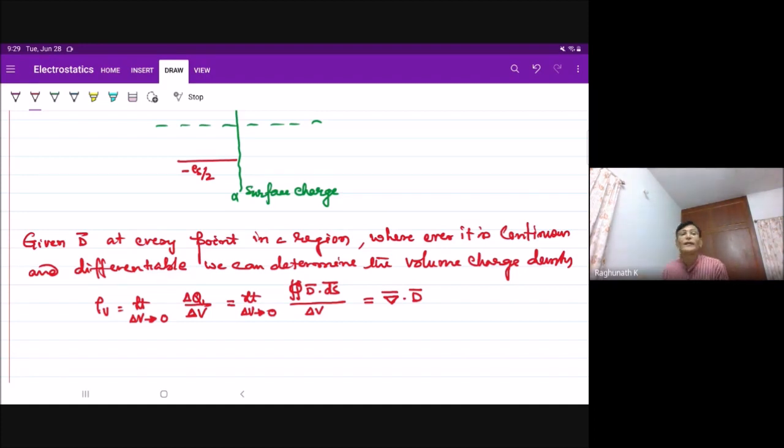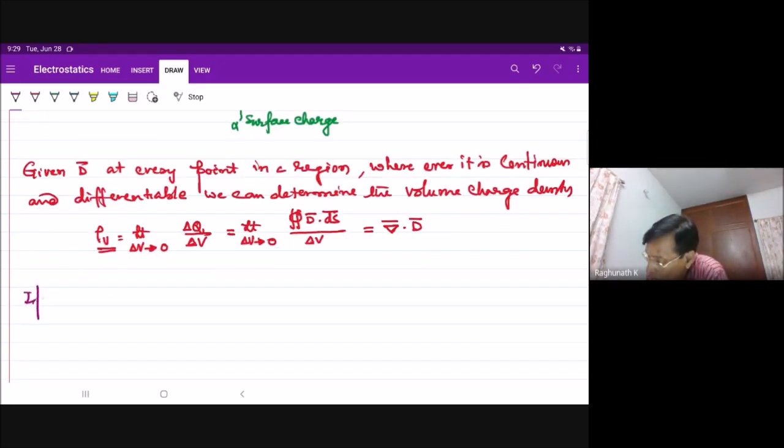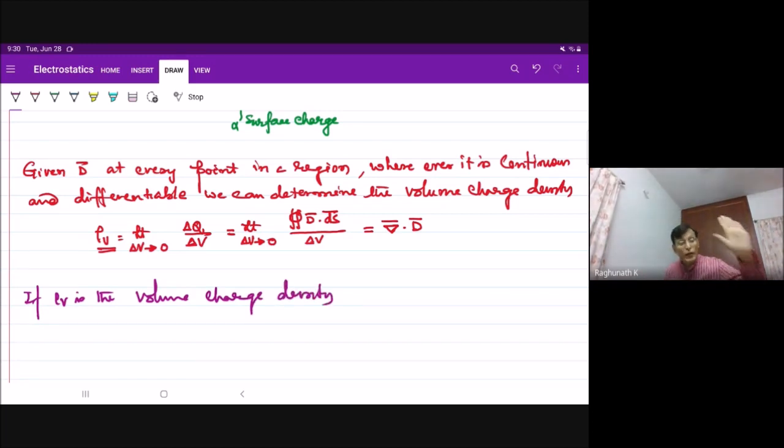But we know very well that rho v is this. And if rho v is the volume charge density at every point inside the closed surface, correct?